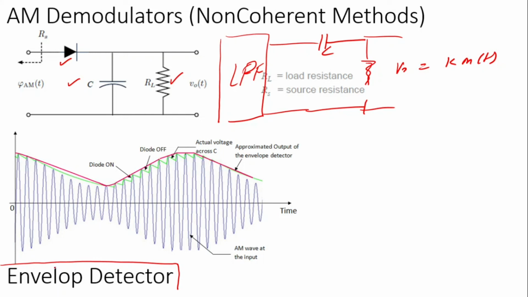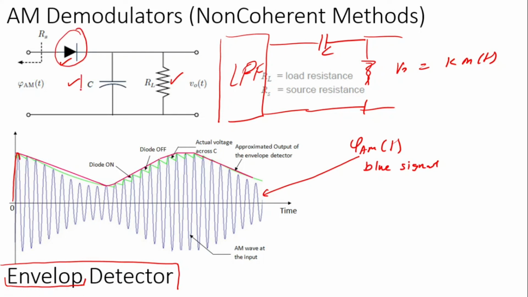So as the name suggests, we are basically detecting the envelope of the message signal. So note that the phi AM of t is basically this blue signal that we'll get. So in the positive cycle, the diode would be forward biased, and we are going to charge the capacitor.